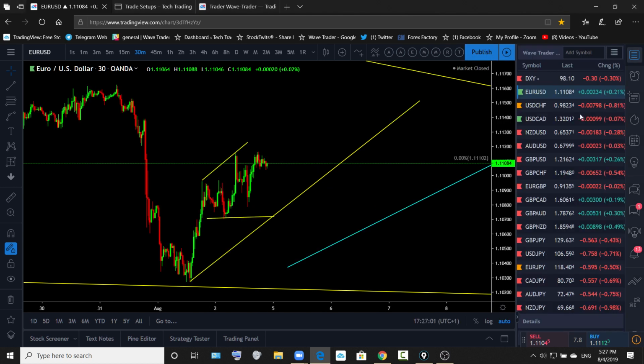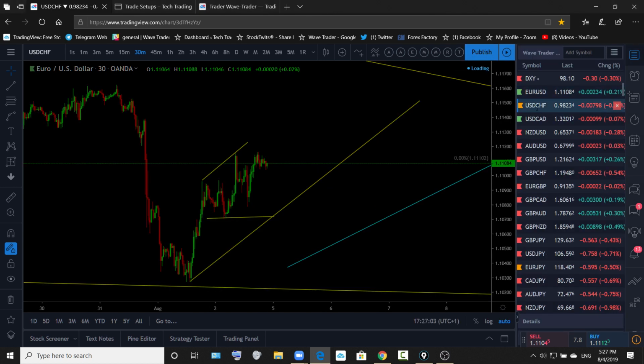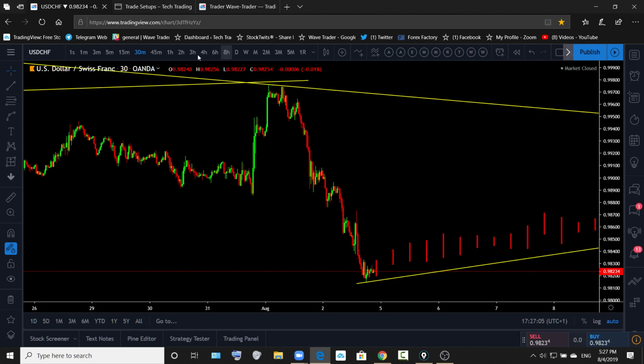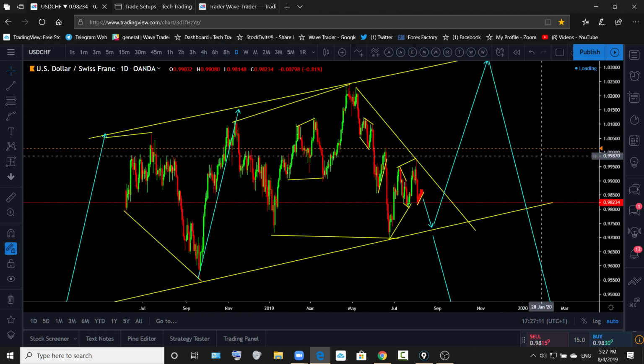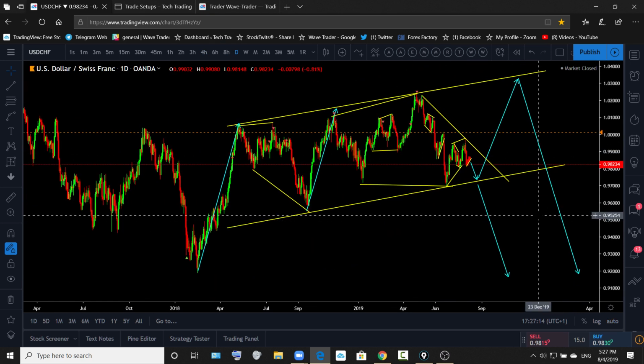Okay, so that was the bigger chart you have just seen, and the dollar chief also went lower. This is the bigger time frame, and it looks like the dollar is going to drop big time against the chief.